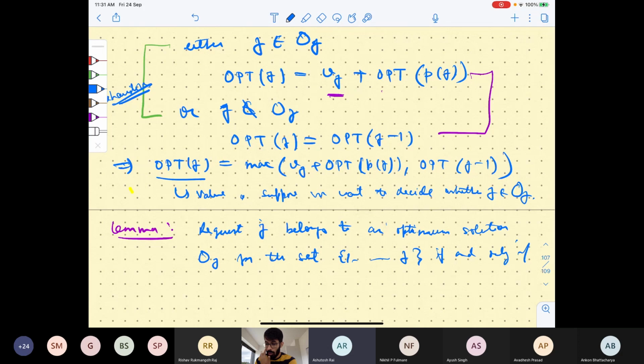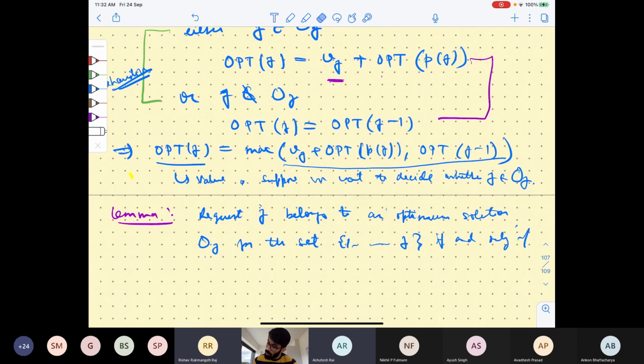what conditions should it satisfy? When does it belong? When the max, in the max, what happens? So we want to derive it from here. Opt of j must be equal to vj plus opt of pj.